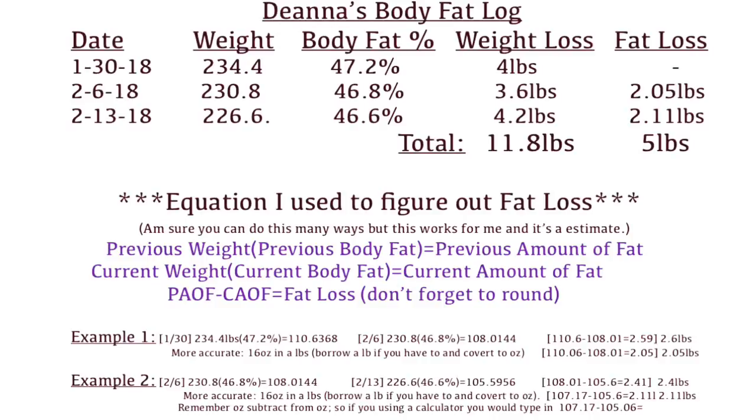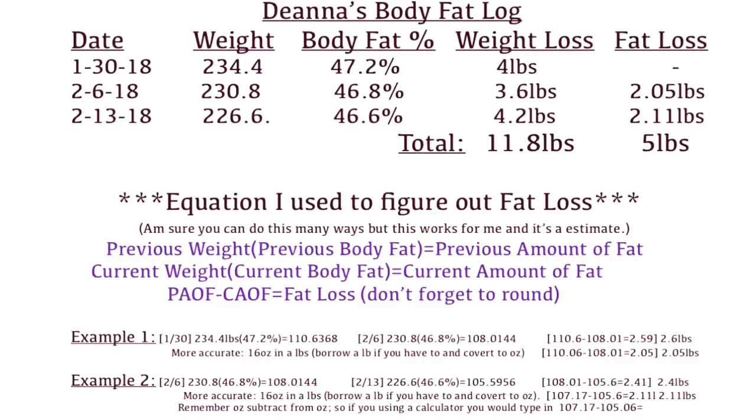Your 108.01 is going to turn into 107.17, because we subtract a pound from 108, which turns into 107, and then add 0.16 to the 0.01, which gets you 0.17.